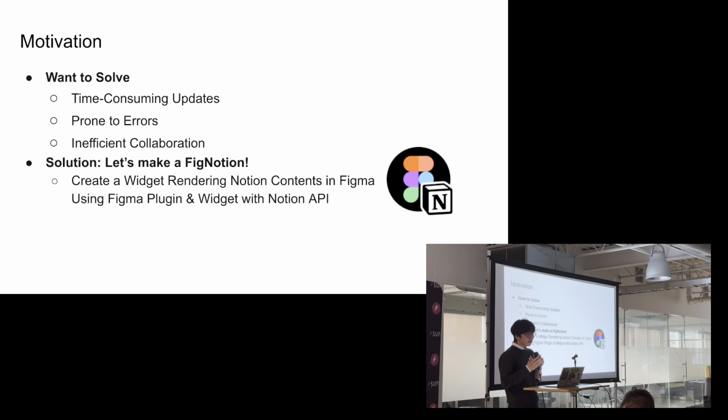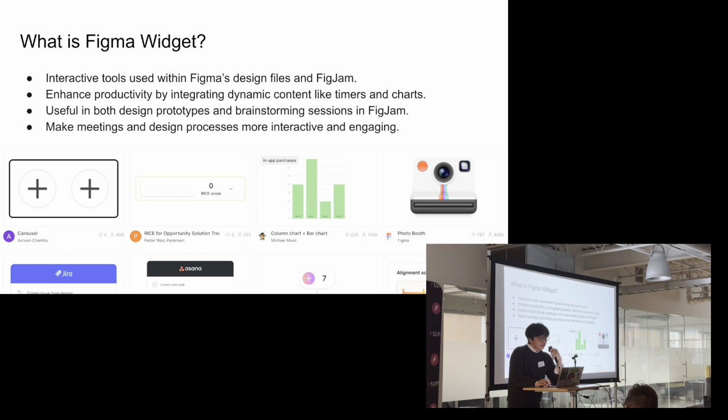So to solve this, I thought of creating a tool using Figma plugins and widgets, along with the Notion API. This tool would render Notion's content right next to the Figma designs and keep them synchronized. So, what is a Figma widget?